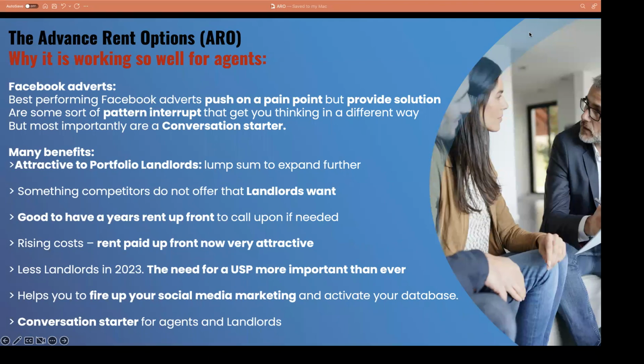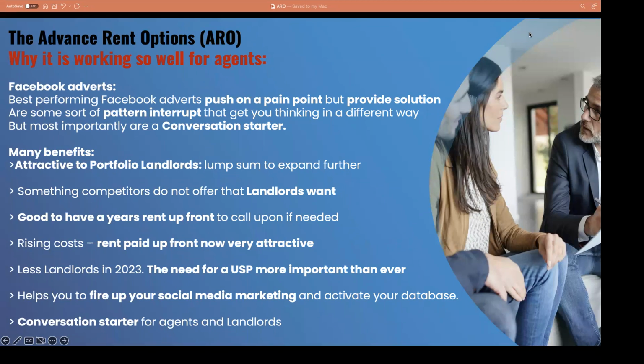And in the period coming up, there are going to be decisions made potentially with tenants as to where they spend their money, and rent might slip down that priority list a little bit, as an unfortunate circumstance. So the ARO, again, can help provide that solution to a potential problem.